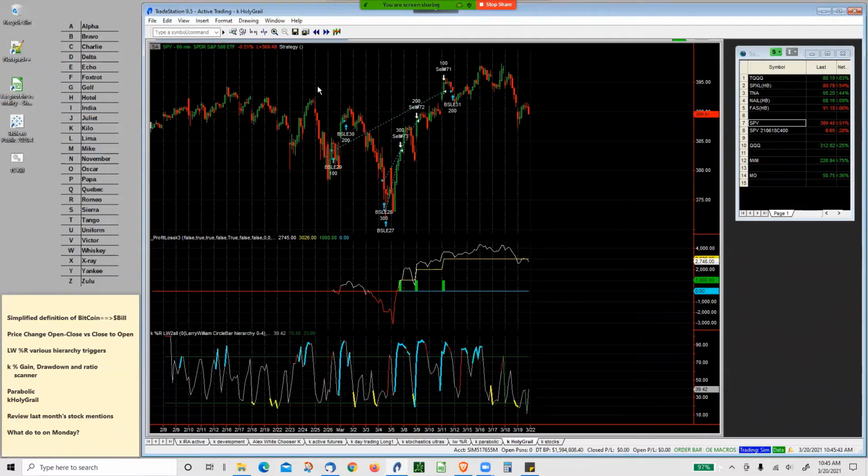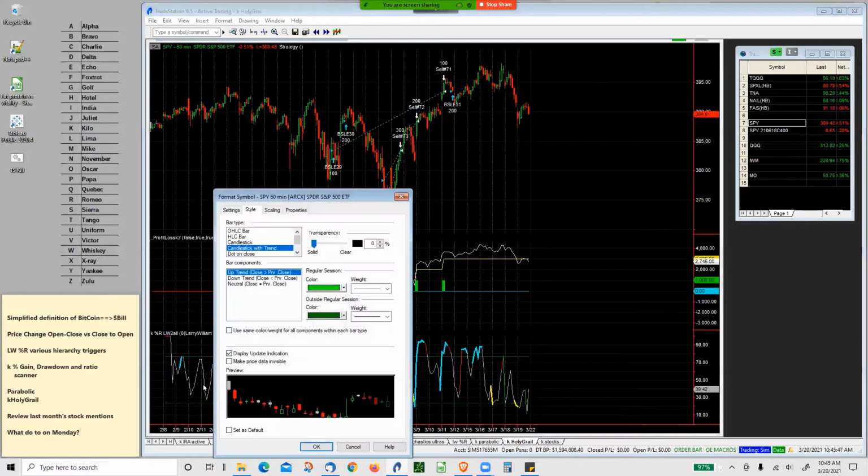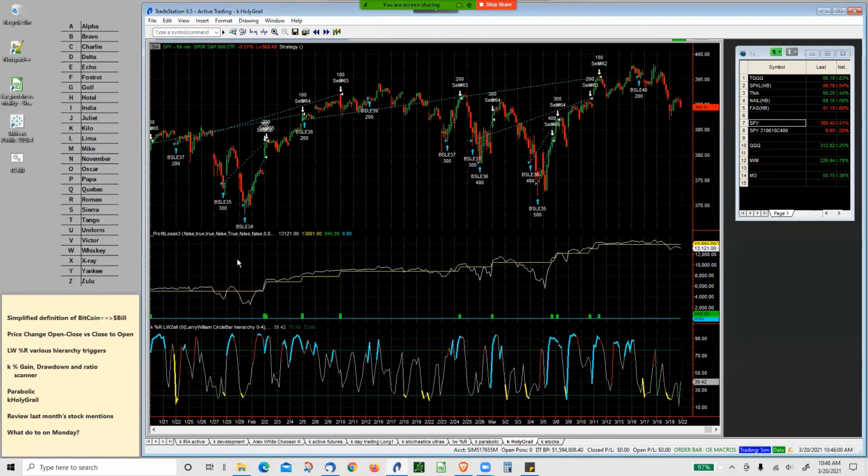So it waits 50 bars there before it starts trading. Let me go back, put more bars on there. 30 days, I want to go 100 days. So this goes back 100 days, and it'll just sit there and trade.